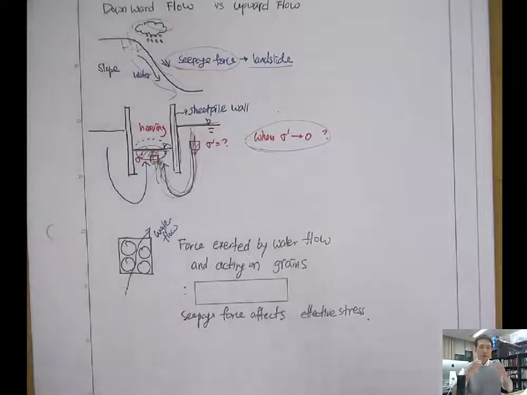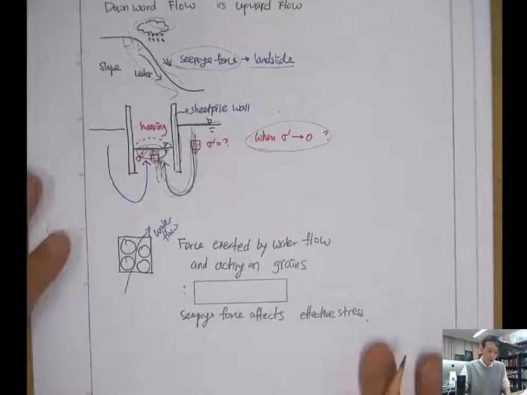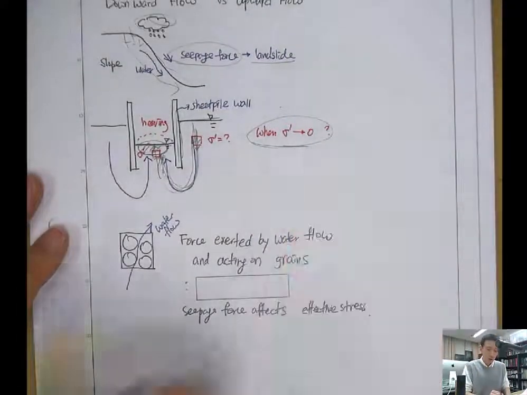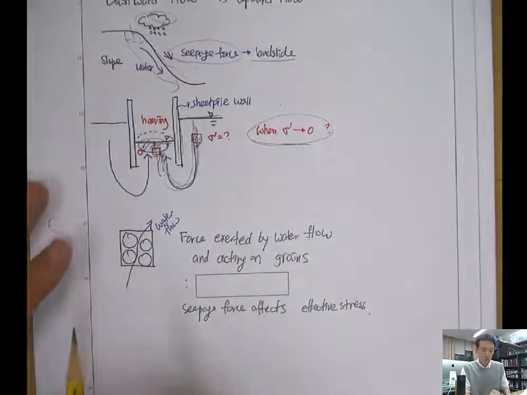When there's no effective stress, there's no granular stress between the grains. They're not touching each other, so they don't transfer any force. Their individual grains are free without any bonding force.